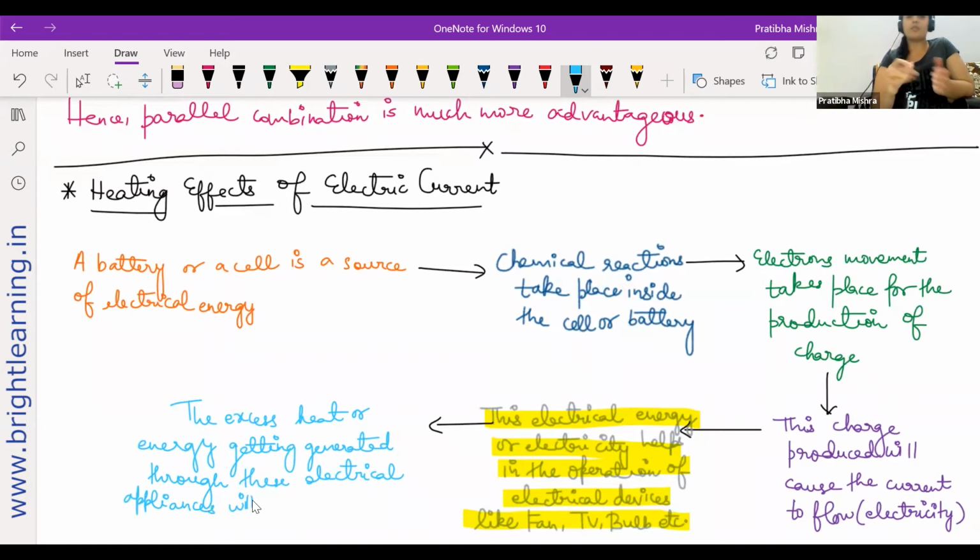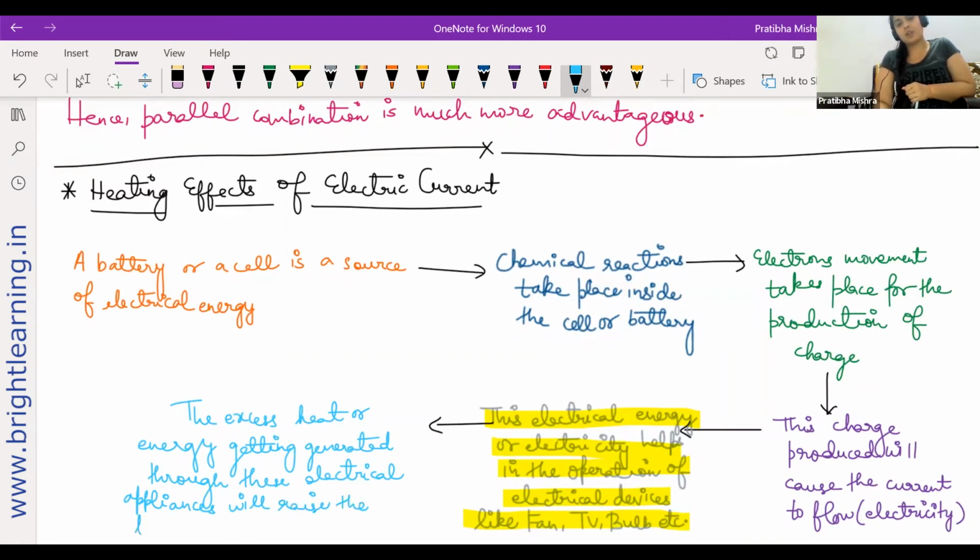So if you have a lot of heat or energy which gets generated through these electrical appliances, then what will happen? It will be helpful in raising the temperature. That's all. Will raise the temperature.